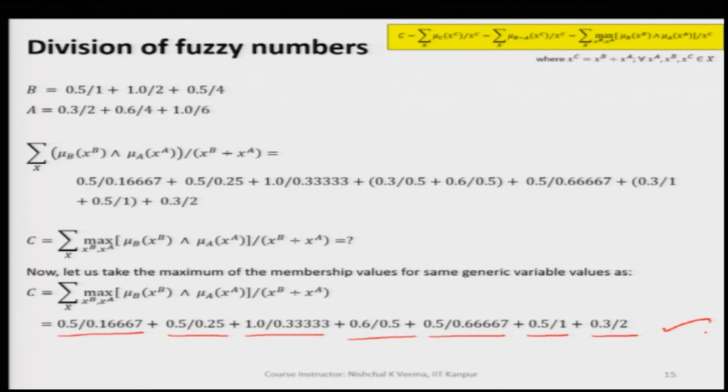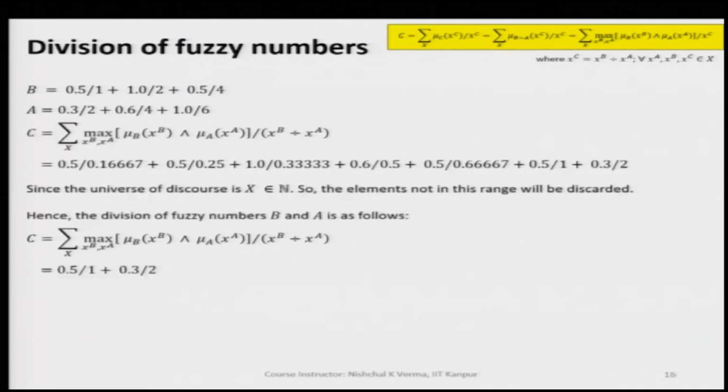So, please now let us look at the universe of discourse. The universe of discourse that is given to us here in this example is the natural number. So, we see that out of these elements, we have only 2 natural numbers here as the generic variable values, rest others do not qualify.